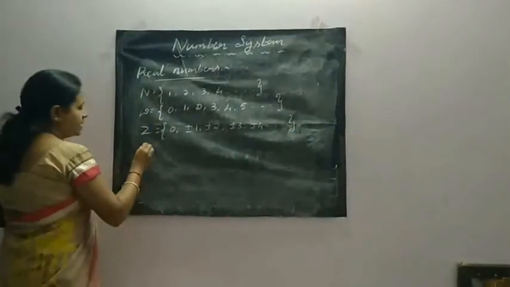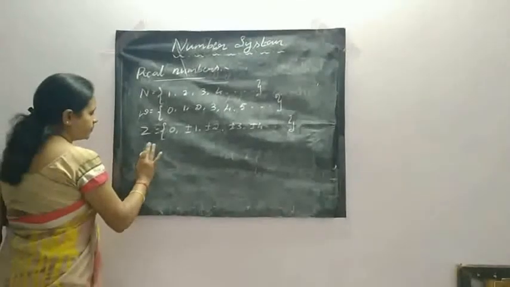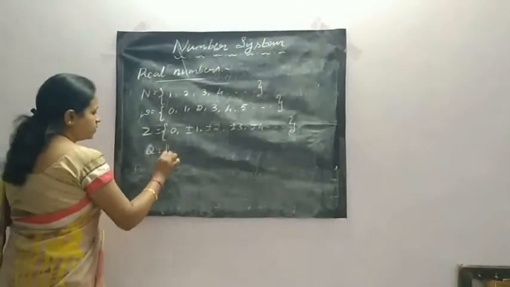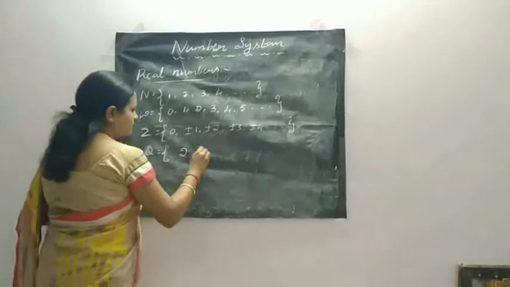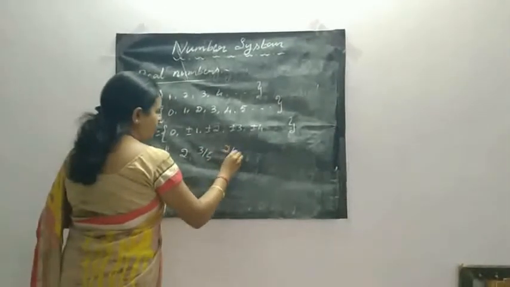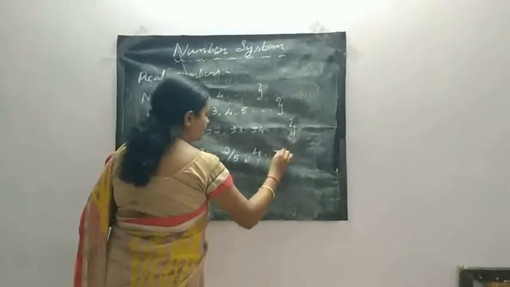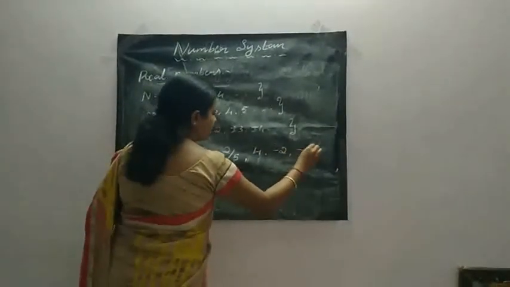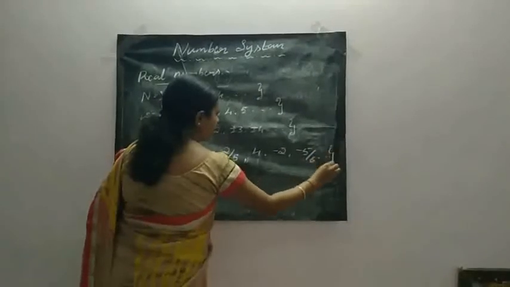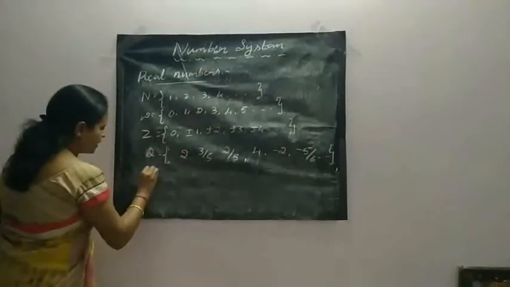And the next one is rational numbers. 2, 3 by 5, 2 by 5, 4, minus 2, minus 5 by 6. And the last one we have studied is irrational numbers.